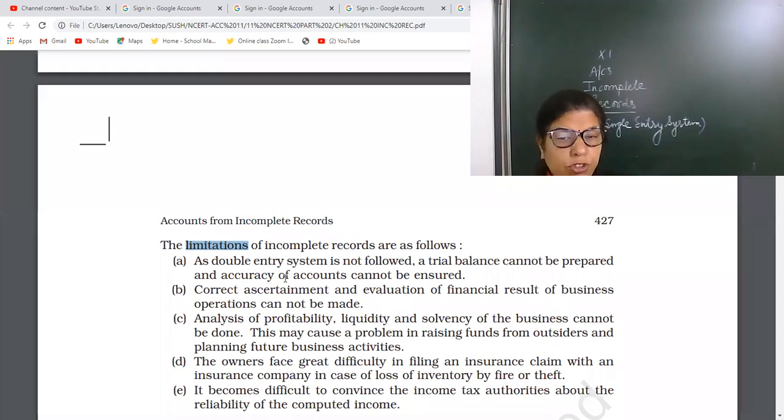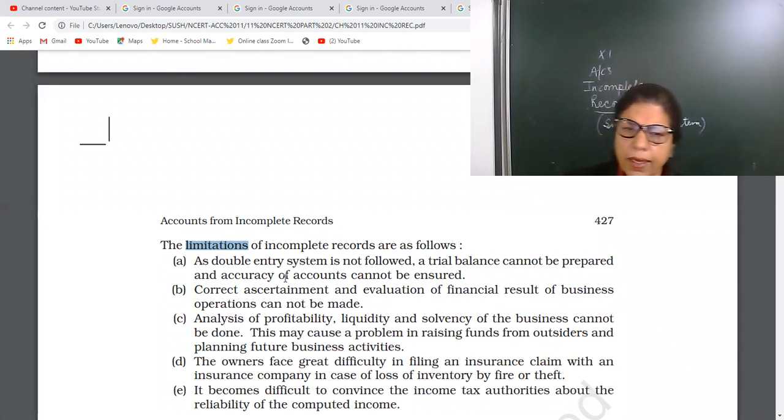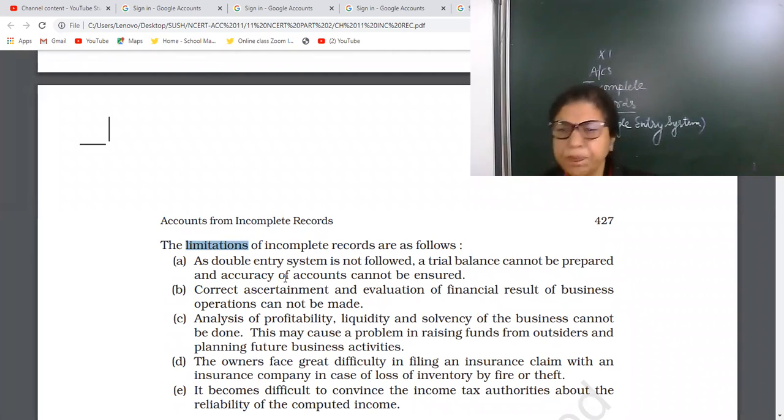If the double entry system is not followed, you are not following proper concepts, conventions, principles, and you are maintaining records on the basis of incomplete or single entry system, trial balance cannot be prepared. If the trial balance is not prepared, we cannot ensure the accuracy of the accounts.